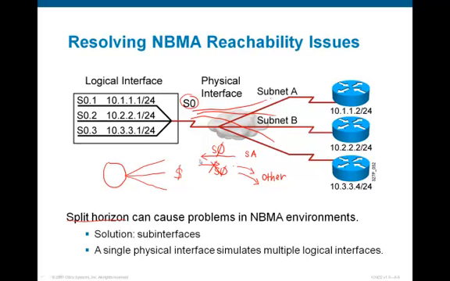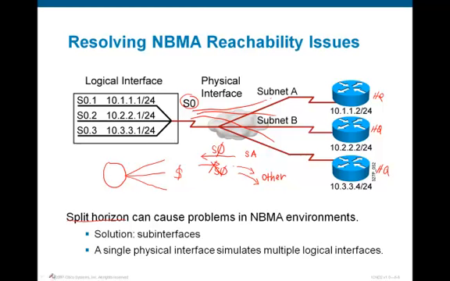So long as you're trying to reach back out the same interface, split horizon will prevent your routing updates from being sent back. So as such, all the remote sites will only be able to see their own routes and the HQ routes. They will not be able to see each other's remote routes because of the split horizon happening at the S0 interface here.